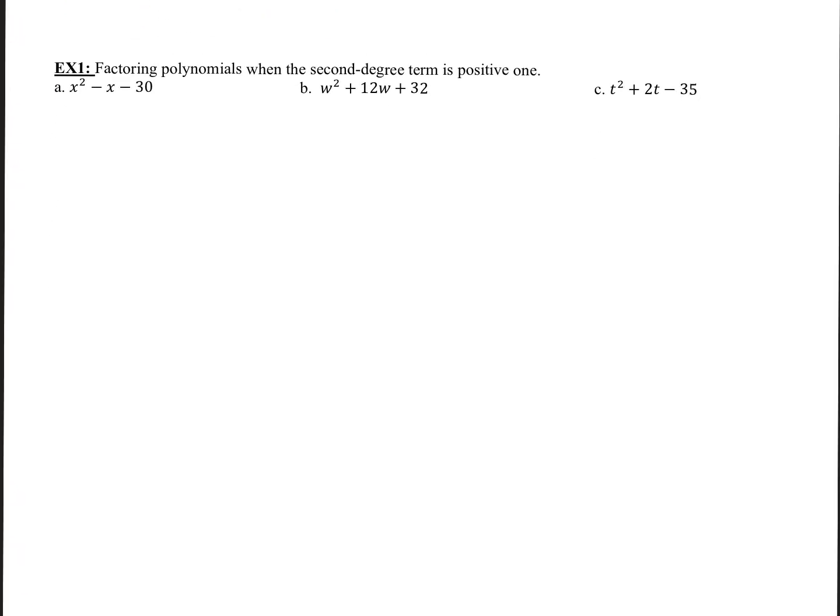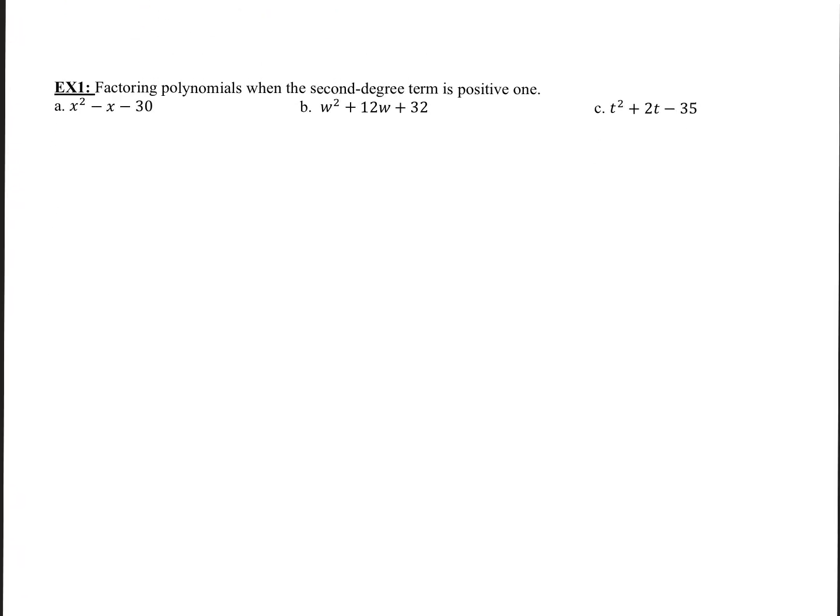Example 1, factoring polynomials when the second degree term is a positive 1. So notice, if you'll take a look at all these, they all have a positive 1 coefficient for the squared term. That's the easiest one to factor, because you don't have to worry about the first term. So let's take a look at the first one.